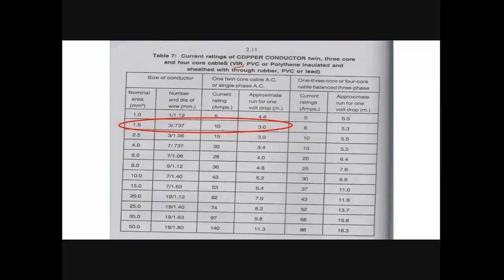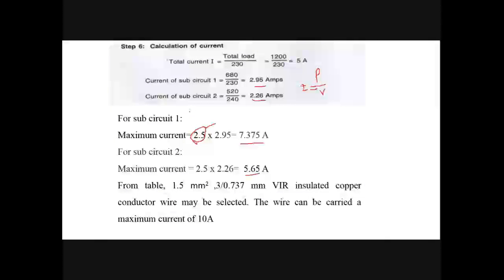The value of maximum current is 10. The number and diameter of wire is 3 divided by 0.737, and the nominal area is 1.5 millimeter square. Here it is not in inch, it is in terms of millimeter.